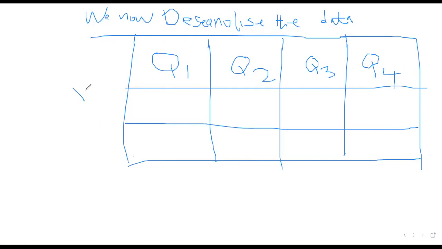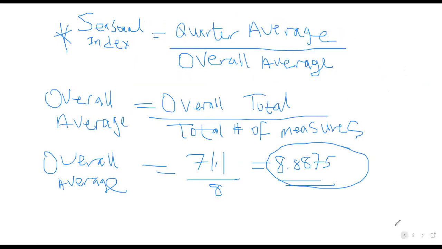So this is year 1 and year 2. Let's go back a bit. The seasonal index formula, called SI: the seasonal index is equal to the quarter average over the overall average.